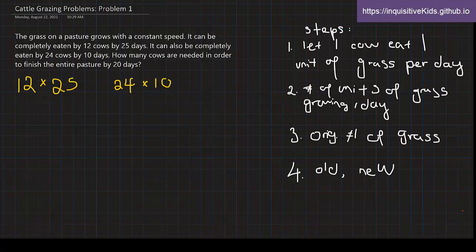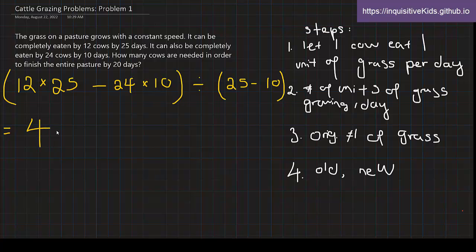So we're first going to find the total amount of grass, find their difference, and then divide that by the difference in their number of days, which is 25 minus 10. So after simplifying, we get the difference of 300 and 240 divided by 15, which is 60 divided by 15, which is equal to 4.